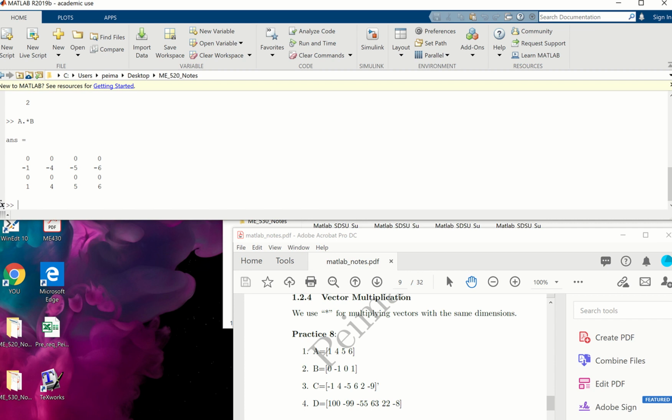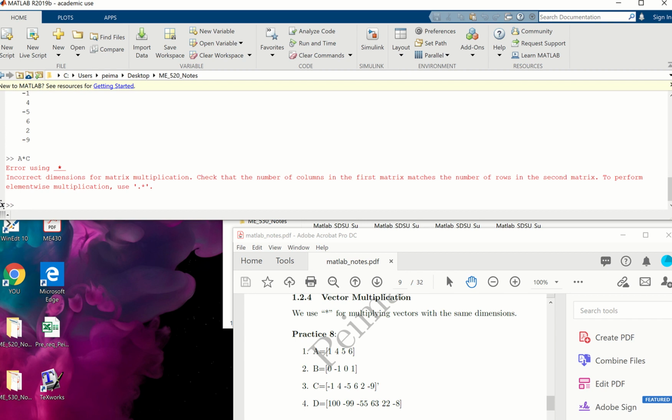So now, going back to part 3, here C is minus 1, 4, minus 5, 6, 2, minus 9. That's right, and this is a column. If I say A multiplied by C, it's going to give you an error message.